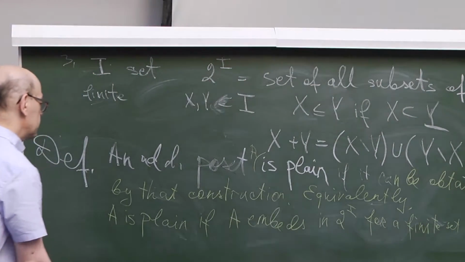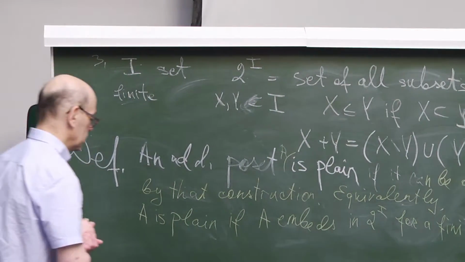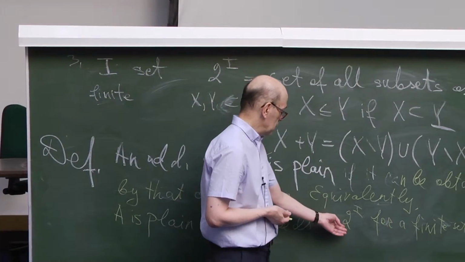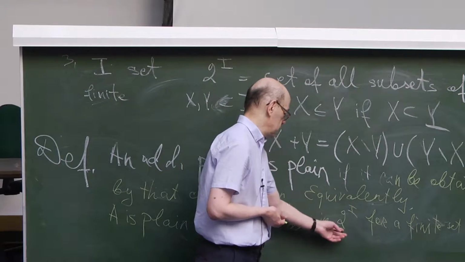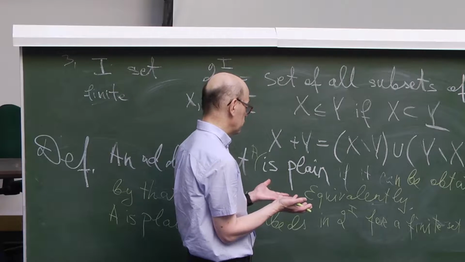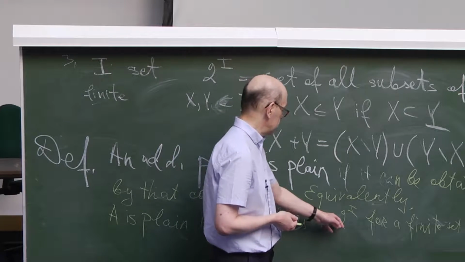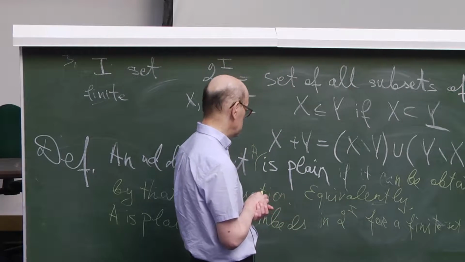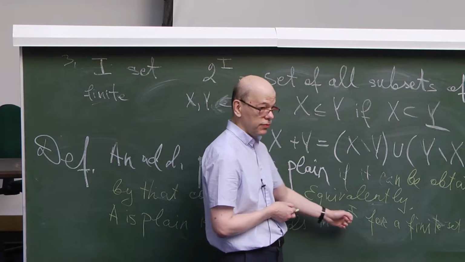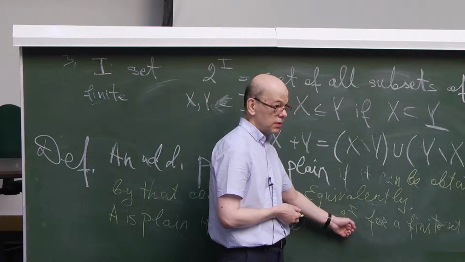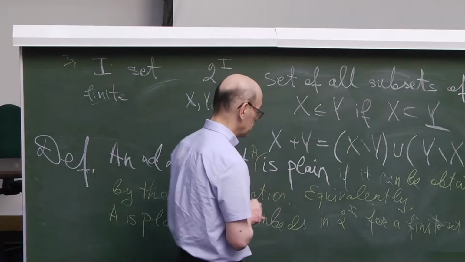Now, what does it mean, embeds? Embeds means that we take an additive subposet of this guy, which is just a subgroup or subvector space with restricted partial order, and then A should be isomorphic as an additive poset to this subgroup.